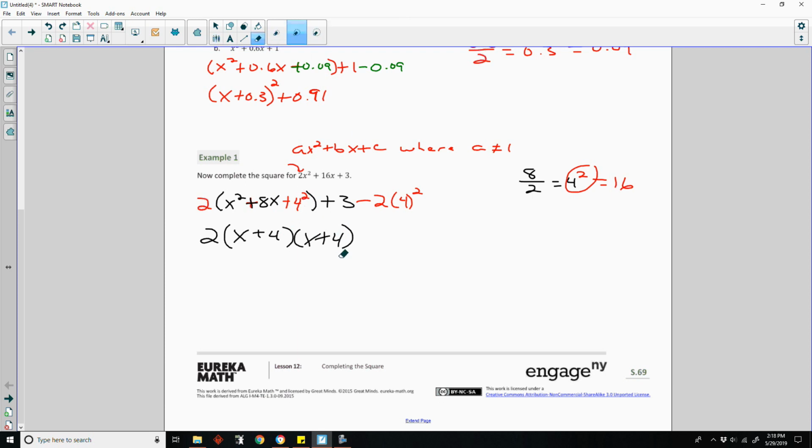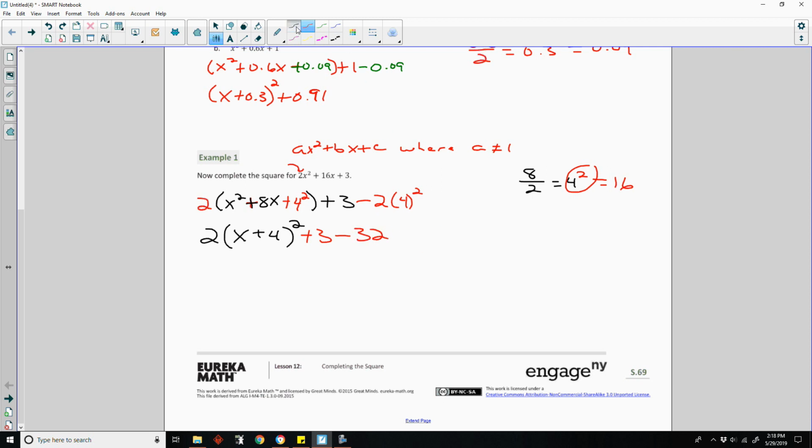Okay? So we don't write the perfect squares like that, but I was just showing you that's why this 4 squared, I can move that 2 out here. So this equals this. And then it's going to be plus 3 minus 4 squared, which is 16 times 2, which is 32.